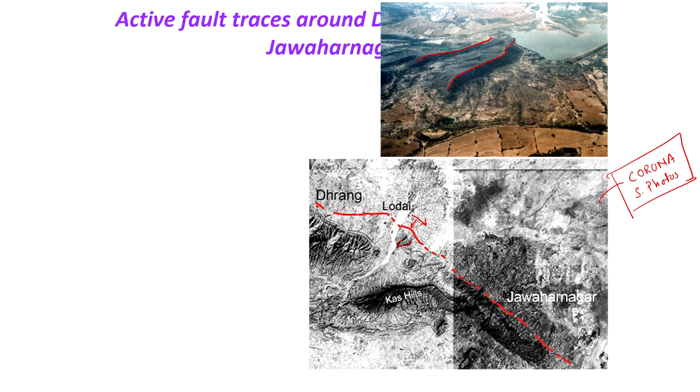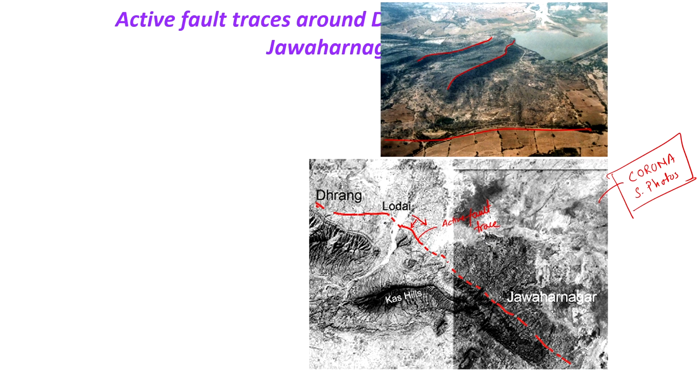These are the two ridge lines which you can see, and this is the fan area which we identified, and then we identified that there is a fault which runs over here. This is our identification, so this is an active fault trace. This was the first time we identified an active fault in Kutch.